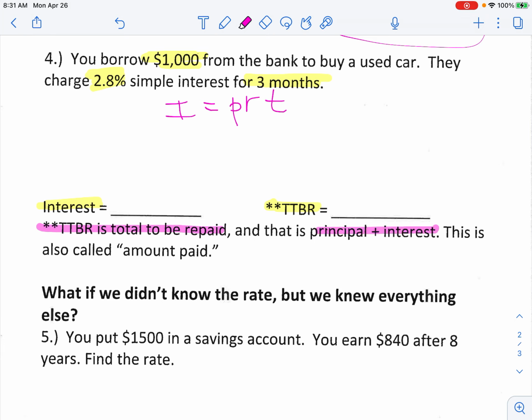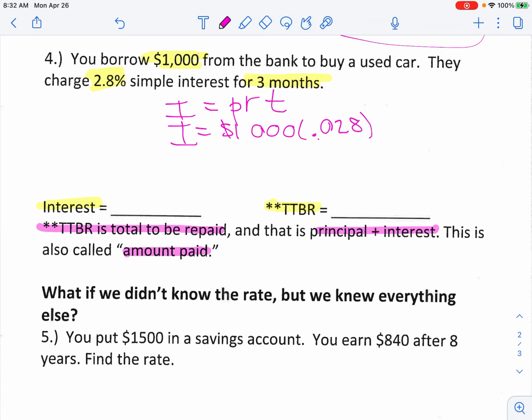That's the principal plus the interest, and that's called the amount paid. So we're going to find the total to be repaid. All right, so we are going to substitute for the principal was $1,000 at a rate of 2.8%. Remember, move that decimal twice to the left, 0.028.